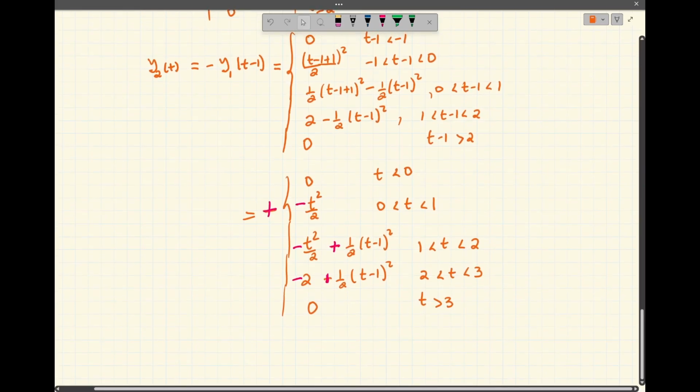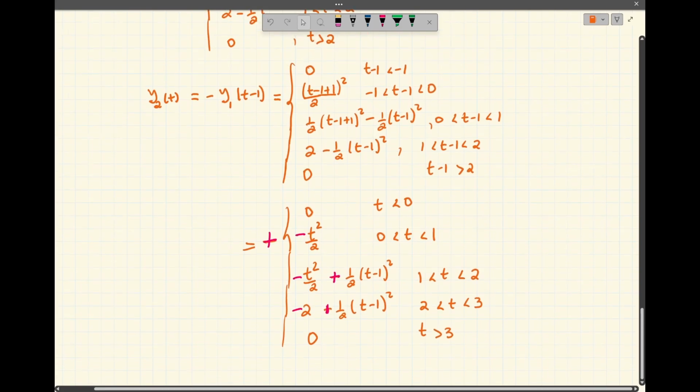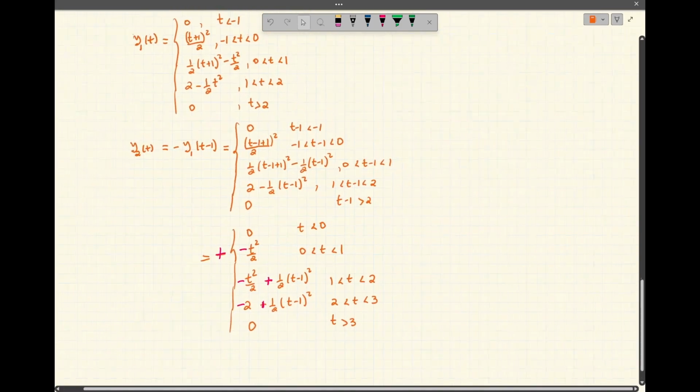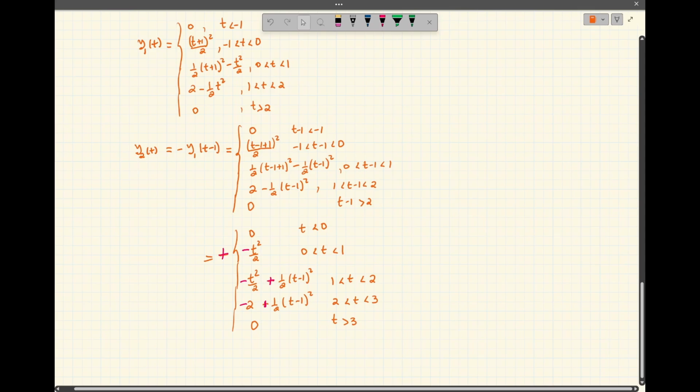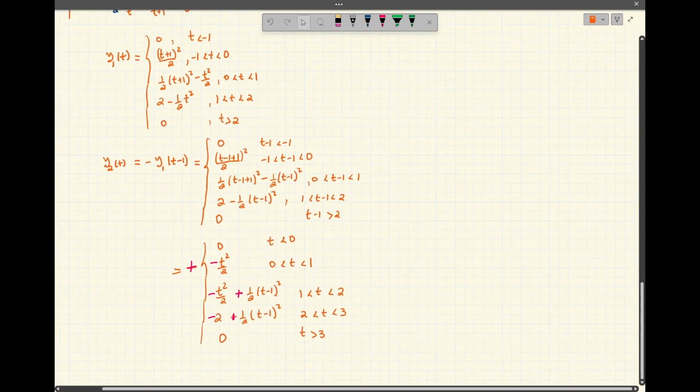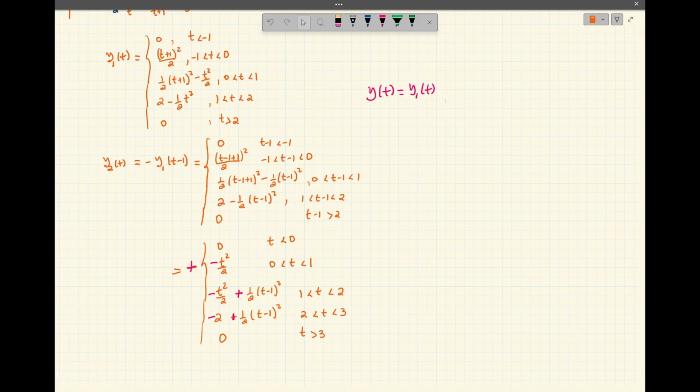Okay, so now we just need to add y1 of t to y2 of t. So y of t is y1 of t plus y2.